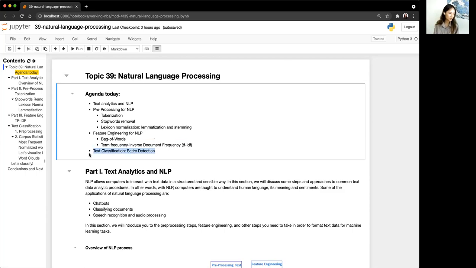Then we're going to do a very quick example of NLP classification, doing satire detection. I'm not going to go very in-depth with the modeling aspect because, again, the modeling is exactly the same as what we did last phase. You'll see how that is. But if there are any questions or anything I can clarify, just feel free to let me know.